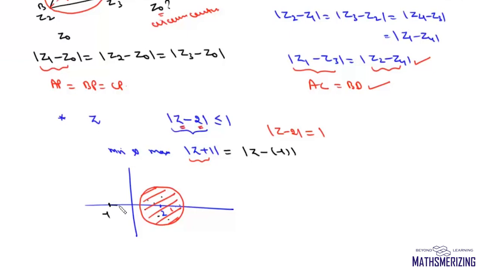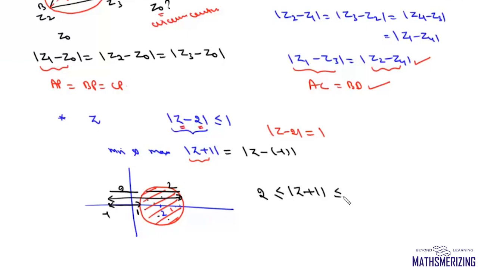Now, the minimum distance of any point on this circle from minus 1 is this distance, and the maximum distance is this distance. So we can say that mod of Z plus 1 is always greater than or equal to this distance, which is 1 and 1, 2 units, and it will be less than or equal to this distance, which is 2 and 2, that is 4.